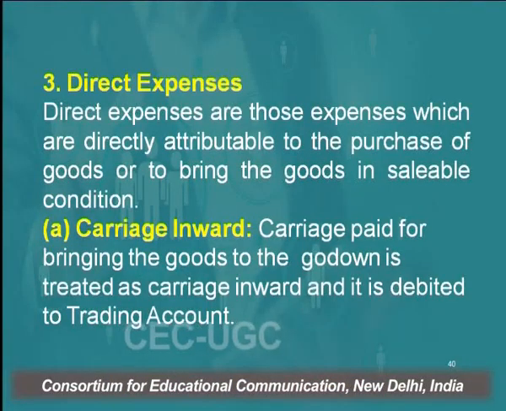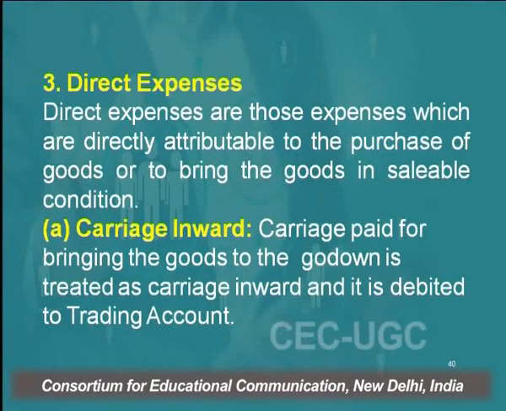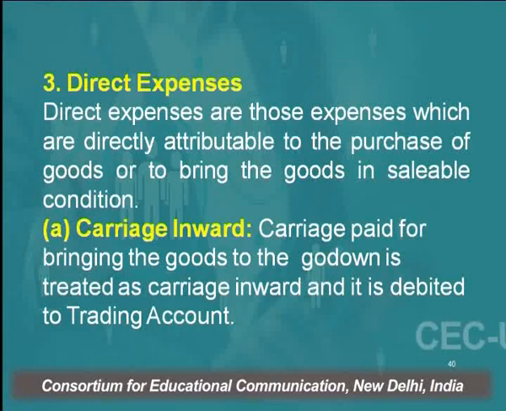while preparing the trading account. The third item which appears on the trading account is direct expense. The direct expenses are those expenses which are directly attributable to the purchases of goods or to bring the goods in a saleable condition. And the examples of these are carriage inward.